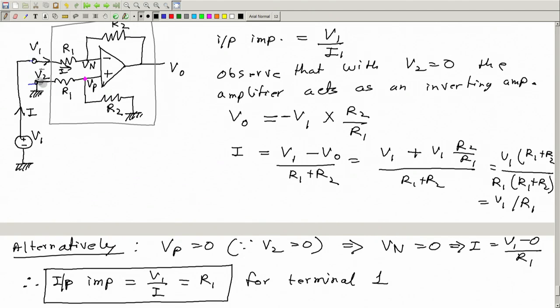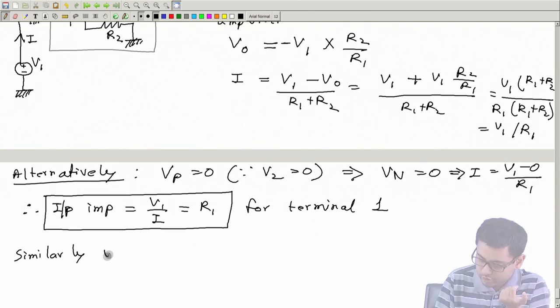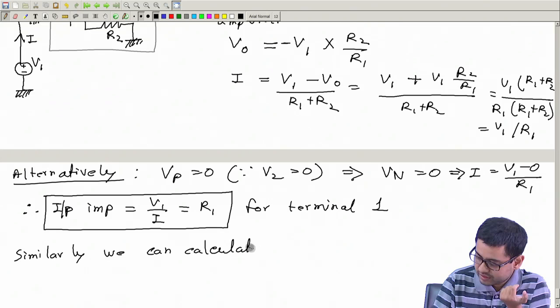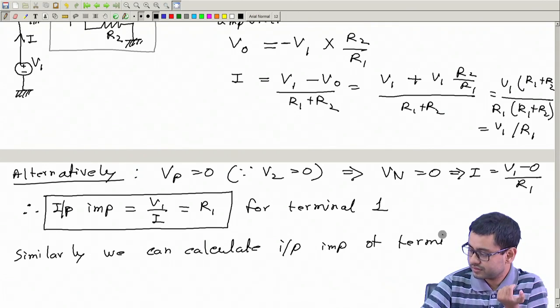Similarly, you can find the input impedance for the other terminal here. So similarly, we can calculate the input impedance of terminal 2.